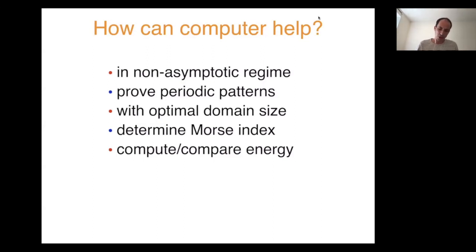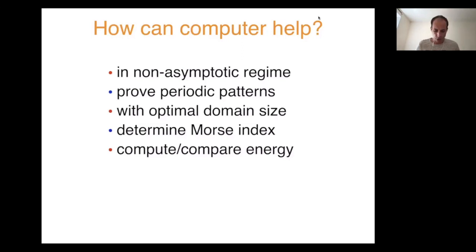And in this non-asymptotic regime, we can try to prove the existence of certain periodic patterns. It does not, of course, imply that the global minimizer is periodic. One caveat, and I will not come back to this, is that of course we do not know that the global minimizer is periodic at all. This seems completely out of reach to show, except in some asymptotic limits maybe, but it seems very difficult to prove that.